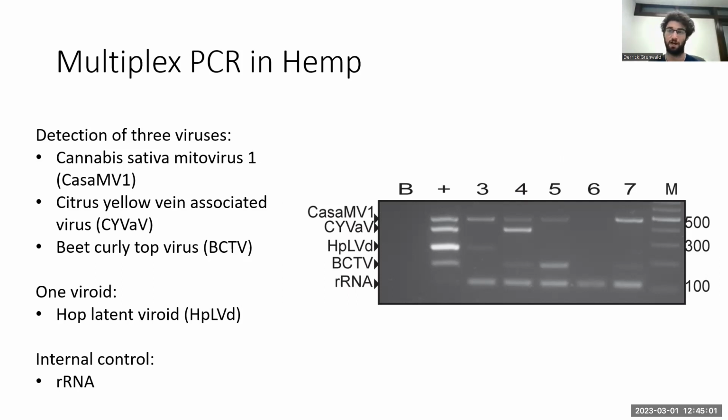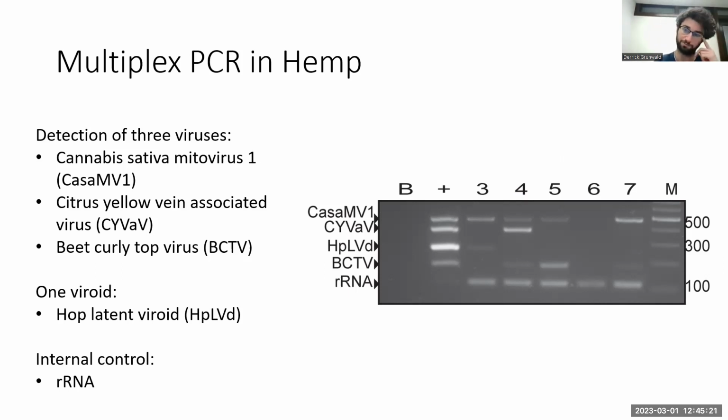We'd been collaborating with a few Colorado labs to get materials that we could easily test, so it was more a test of convenience, but these are all viruses that are of interest to Western growers, as well as a few of them that could be of interest to Wisconsin production, of note, hop latent viroid.